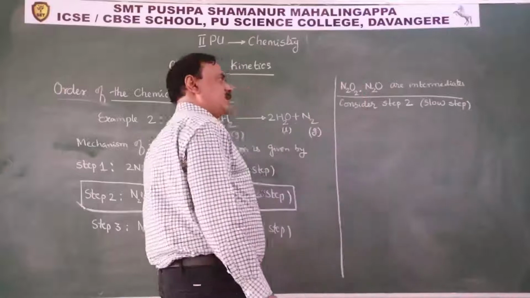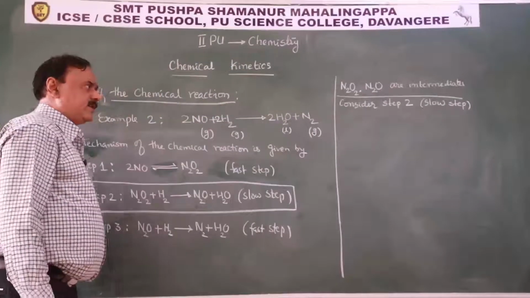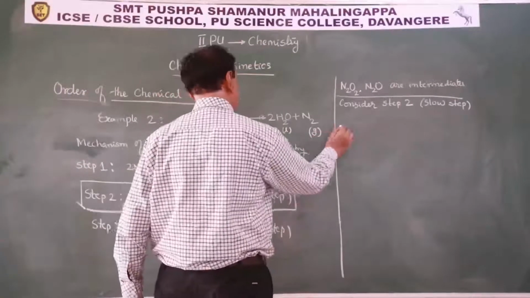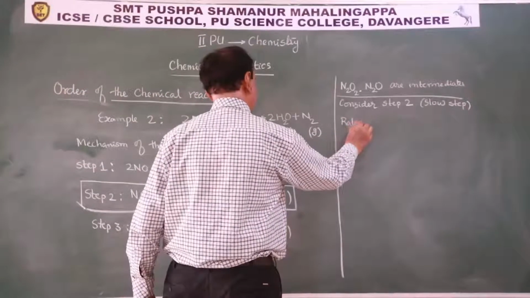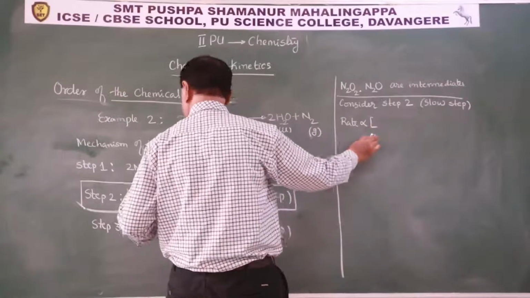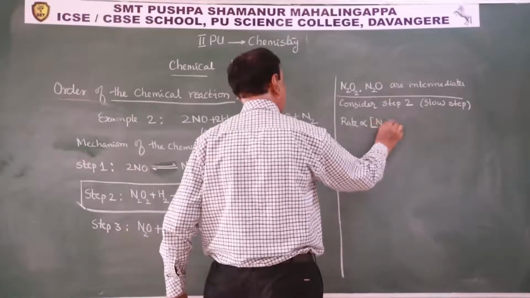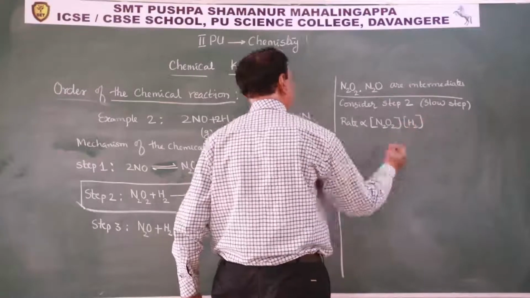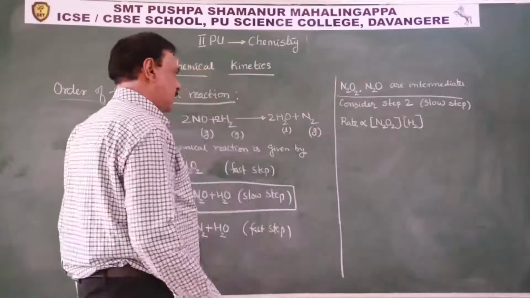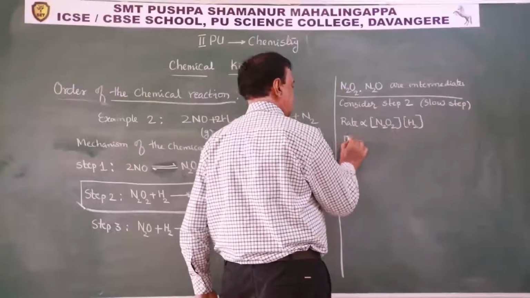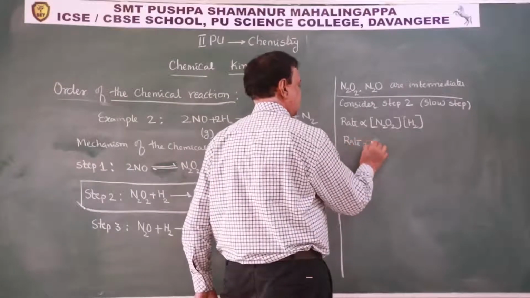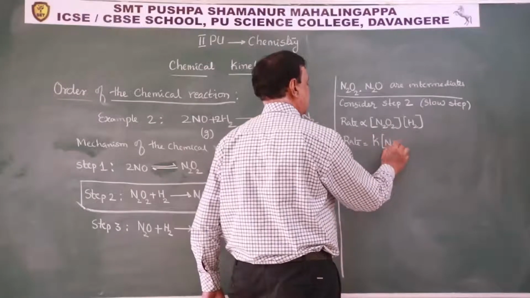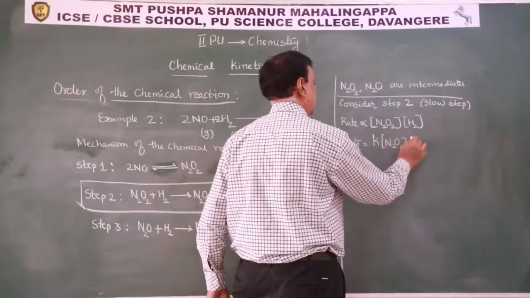Among the various steps, the one which is the slowest is called the rate determining step of the chemical reaction. Therefore, rate is directly proportional to N2O2 into H2. Therefore, rate is equal to k into N2O2 into H2.